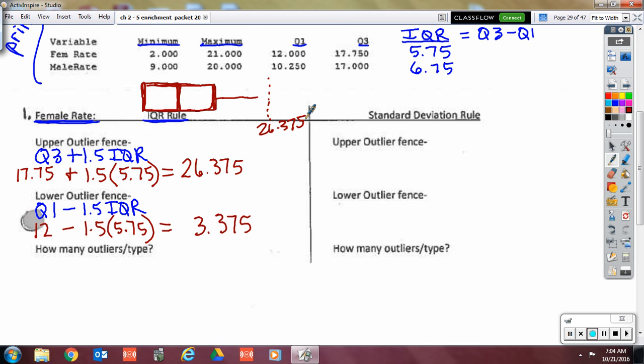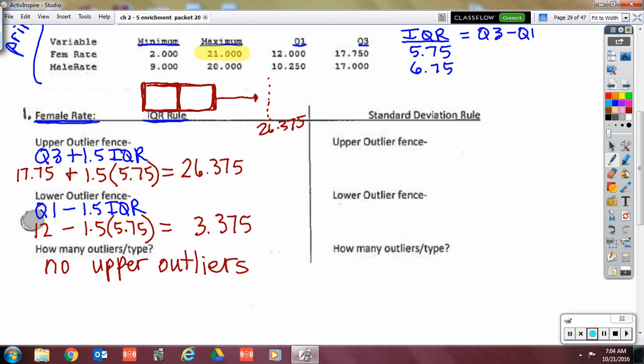What I am going to look at is whether the maximum value for the females is above the upper fence. That's the first thing you check: is the maximum above the upper fence? The maximum being 21 must be in here on the inside of the fence, not above the fence. So therefore, I can say that there are no upper outliers because the maximum is inside the fence.